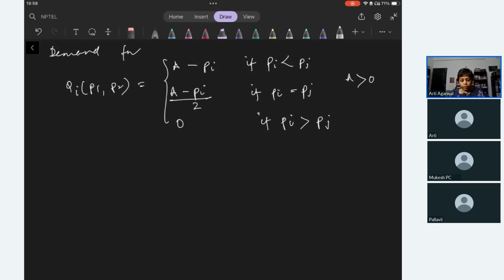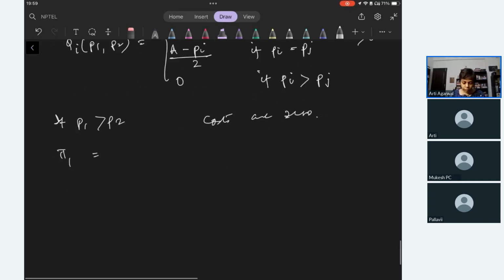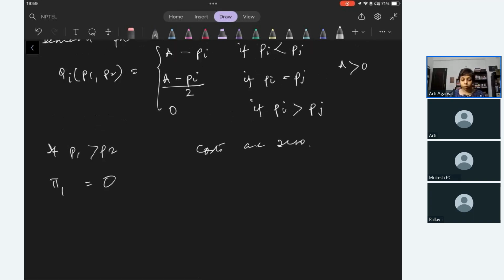Now you can, of course, write the profits of both the firms like this. If P1 is greater than P2, pi 1, costs are 0. We are assuming costs are 0 for now. Okay. Pi 1 is what? 0, because his price is more, right?